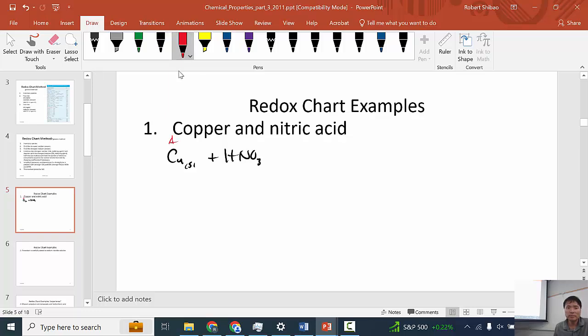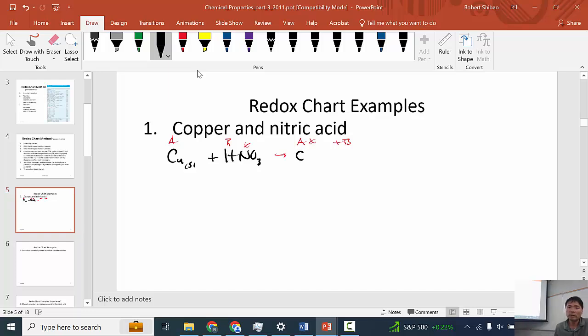This looks like single replacement to me, A plus BX. If it's A plus BX, then I'm going to get AX plus B. AX is going to be copper with nitrate. Now I have two choices. I could go copper 1 nitrate or I could go copper 2 nitrate. Which one should I do? Copper 1 nitrate or copper 2 nitrate?